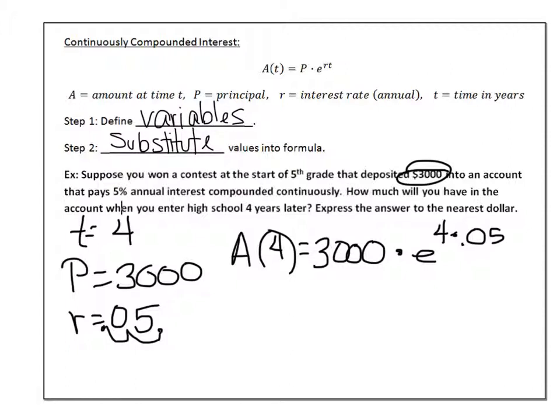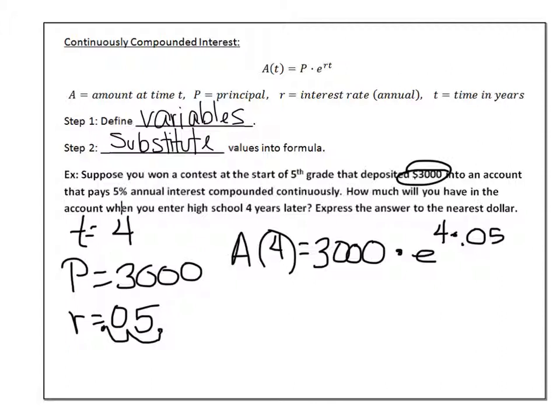Now there are basically two types of calculators. The ones where you put the exponent in first and then you hit the e, and then the ones where you hit the e first and then the exponent. So if your calculator is the kind where you hit the exponent first and then hit the e button, you're going to type this in backwards into your calculators.